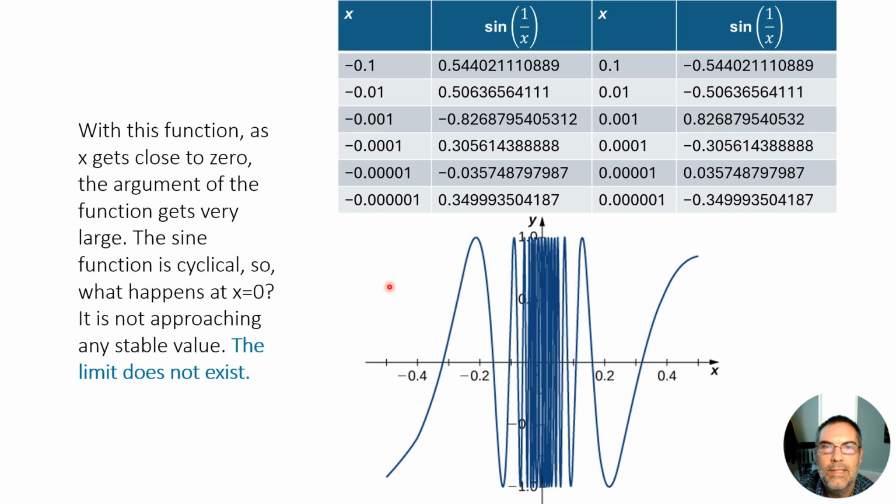So ending here with a very weird function. Hopefully you get the idea of a limit. The limit is different from the value of a function. It is where the function is heading towards. Sometimes the limit does not exist, like in this case. Sometimes it's undefined because the function is blowing up.